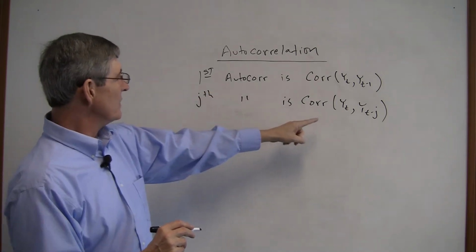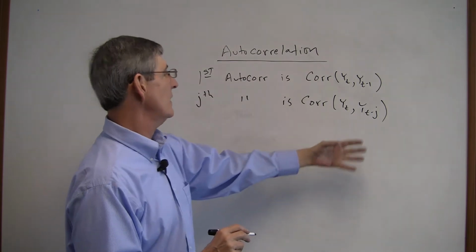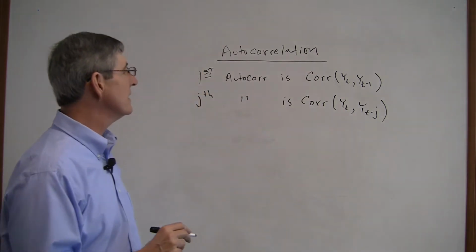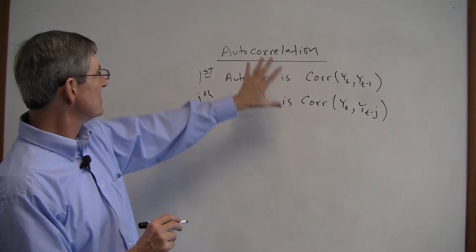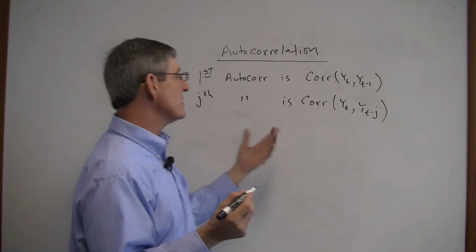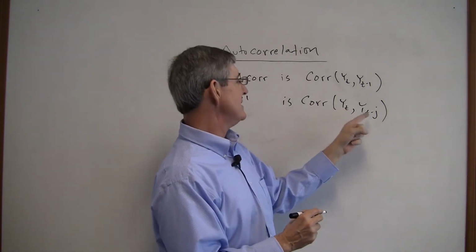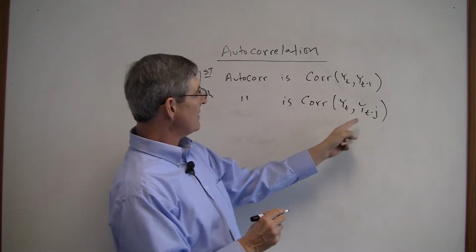But when j is 1, you get the first. When j is 2, you get the second autocorrelation. J is 3, you get the third, and so on. So that's just the notation that we use to denote these autocorrelations. It's just like standard correlations, yt and xt or something like that, except we're just looking at a correlation with yt in the past.